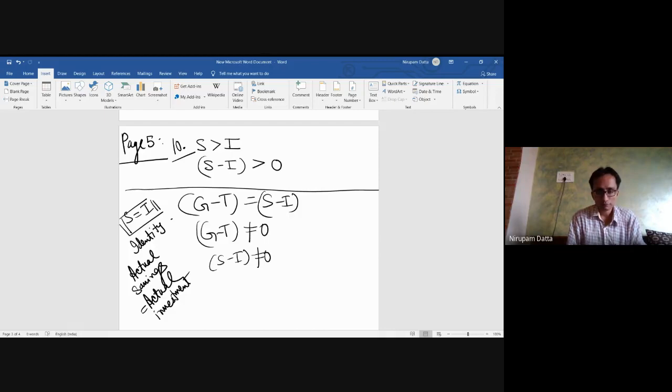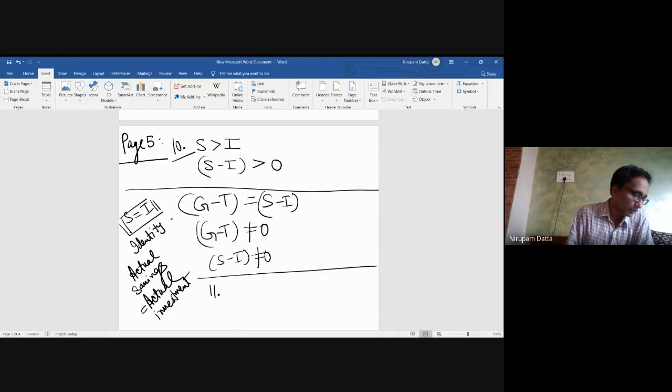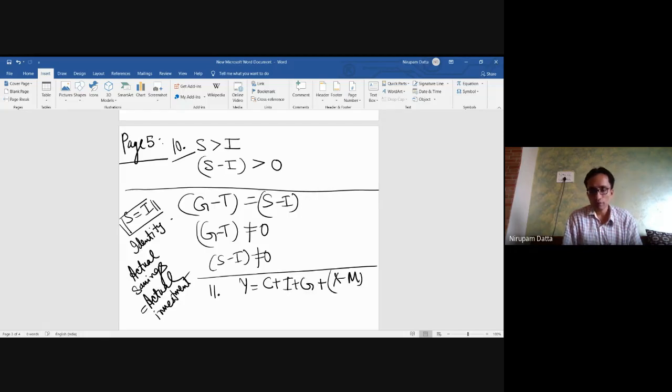Question 11. How do exports and imports and inflows and outflows of financial capital affect the circular flow of income? So now you have a four-sector economy, Y equal to C plus I plus G plus X minus M by the expenditure method.